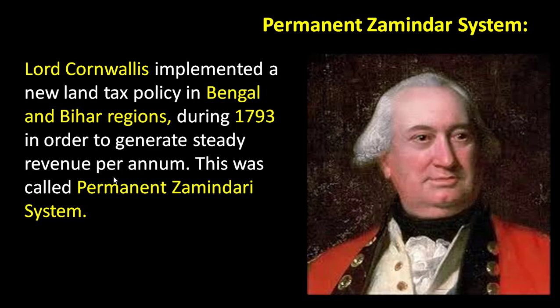This was called the Permanent Zamindari System. So, Lord Cornwallis introduced the new land tax policy in the Bengal and Bihar regions in the year 1793, especially to generate the revenue per annum. The system is called the Permanent Zamindari System.